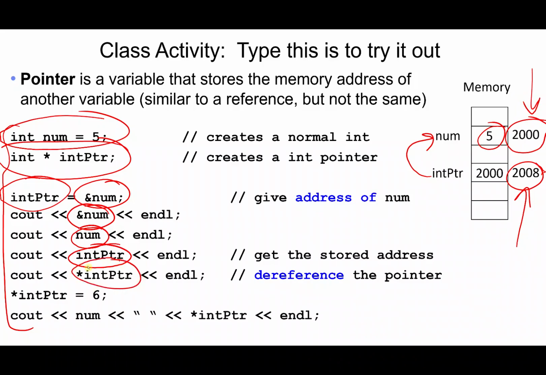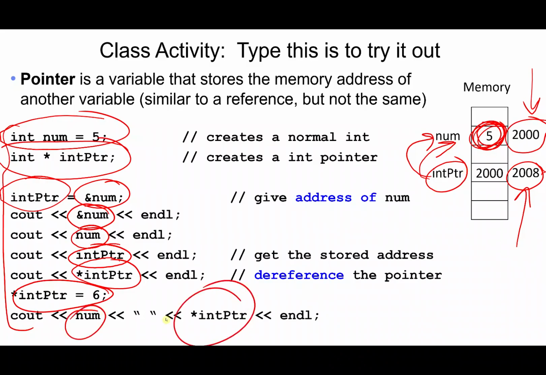So asterisk ptr, this is dereferencing the int ptr, and this is printing the content of num, because this is pointing at num. So printing 5, and then I change the value of num using or via int ptr to 6, and then that prints 6, and this is printing 6, and this is printing 6.